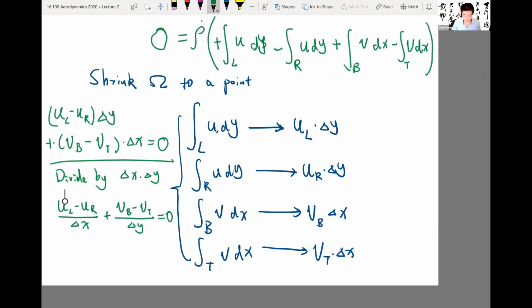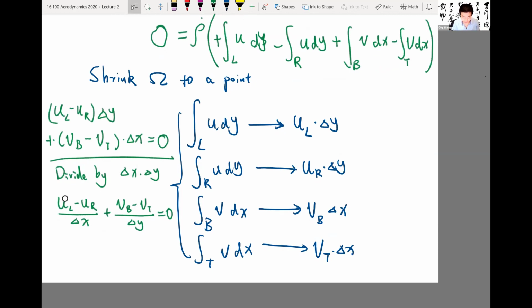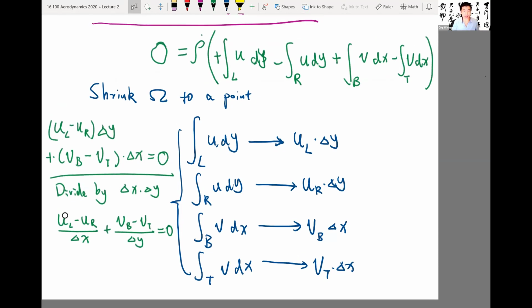Okay, and again, we are taking this control volume to an infinitesimal square. So for an infinitesimal square, the left minus right of the velocity divided by delta x is the negative of the derivative of velocity with respect to x, right?